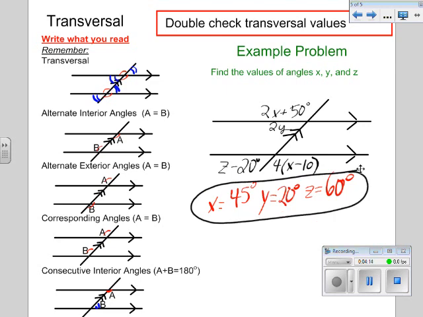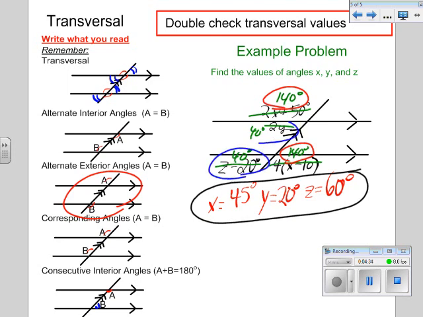So go back through them, simplify each expression, 140, 40, 40, 140, and then look at your angle relationships and make sure that they match each other. Those two are equal because they're alternate exterior, and those two are equal because they're corresponding. Okay? And that's basically what you do with transversals.